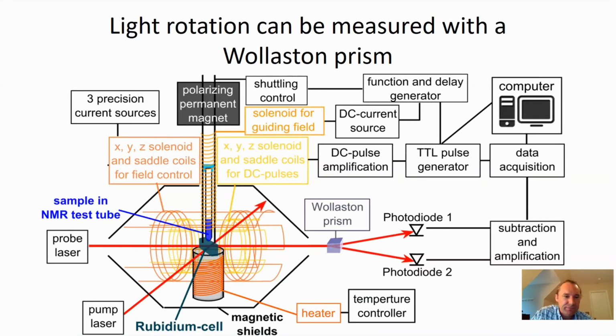If the probe laser is perfectly linearly polarized, and let's say the rubidium vapor cell for now makes no change to this polarization, and it just continues straight through and hits the Wollaston prism, then the Wollaston prism is something kind of magical in that it splits up the light into equal components of left circularly polarized light and right circularly polarized light.